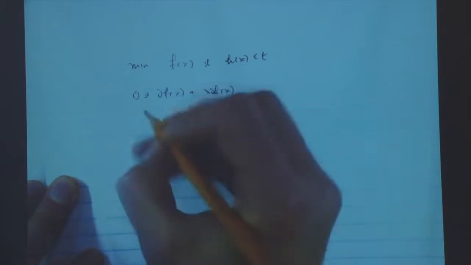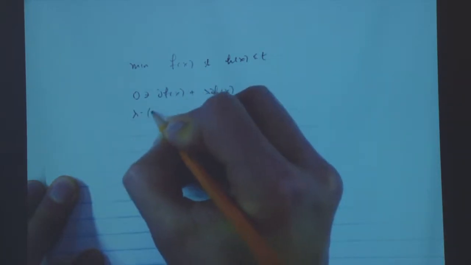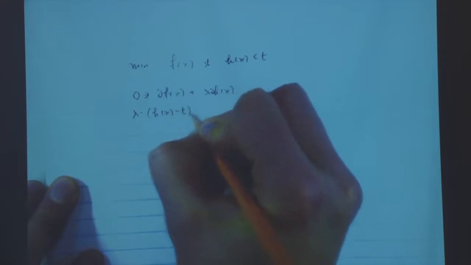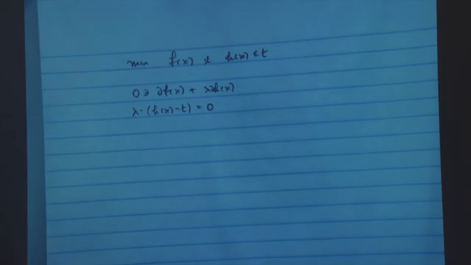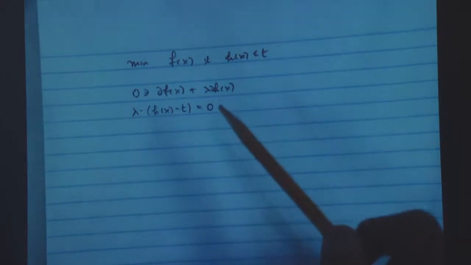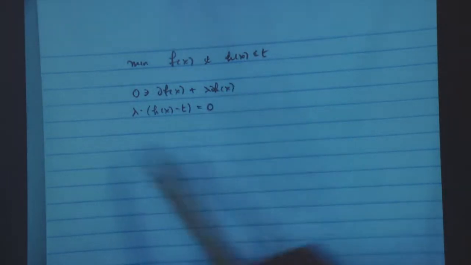And complementary slackness is that, with lambda as the dual variable here in the KKT conditions, lambda times h of x minus t has to be equal to 0. And then primal and dual feasibility. So let's suppose that you had a solution to the Lagrange problem form at the parameter lambda. I'm just going to write down the KKT conditions, use lambda and your x, which is the solution, and see if I can satisfy them for this problem.